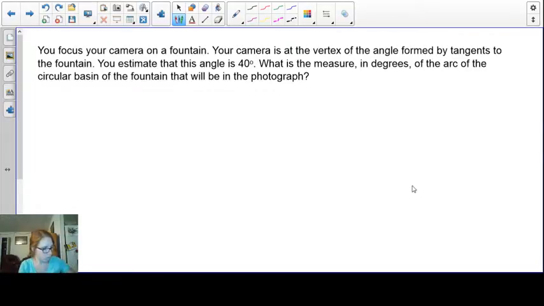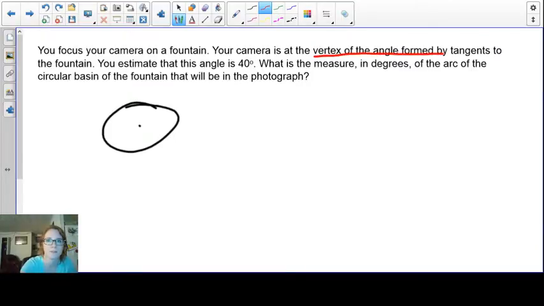Well, first steps first. We need a picture to see what I'm looking at. So here's my circle. It's my lovely little fountain. Psh, water. So it's telling me that my camera is at the vertex. I highlighted too much.